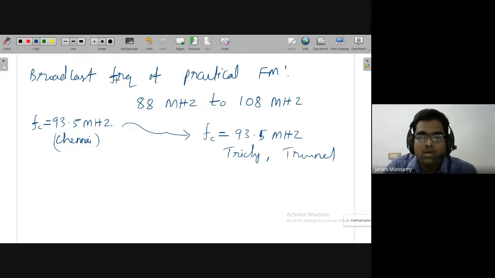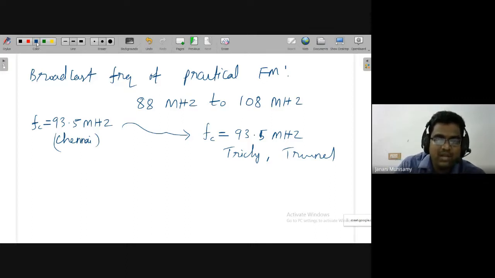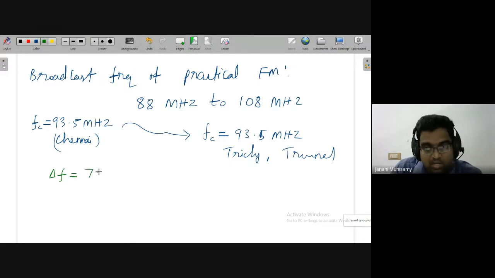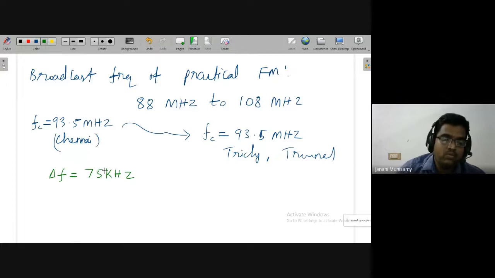But now for practical FM, the carrier frequency varies from 88 megahertz to 108 megahertz. Then what is the frequency deviation for the practical FM system? In any practical FM system, the frequency deviation is 75 kilohertz. This is fixed. Mostly in the exam they will ask what the frequency deviation of practical FM is, so you have to remember this value, 75 kilohertz. Then what is the maximum signal frequency?